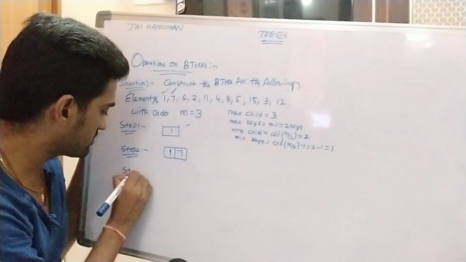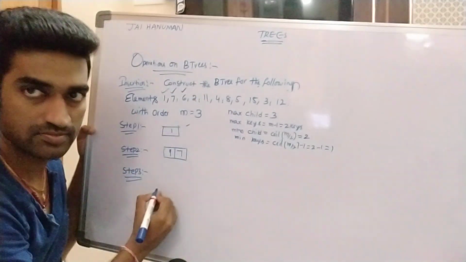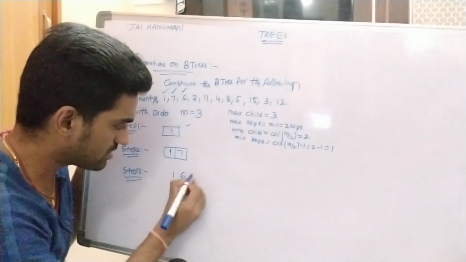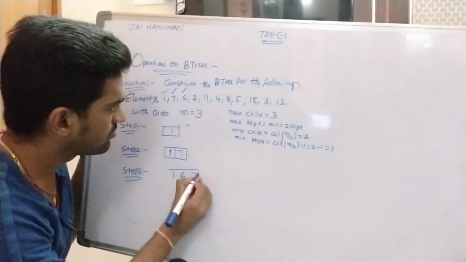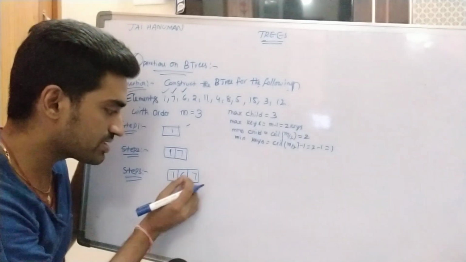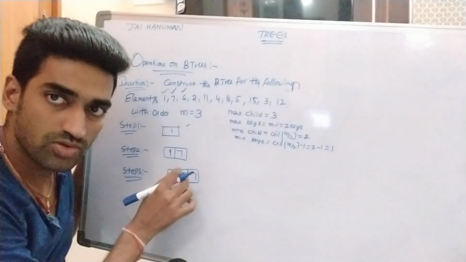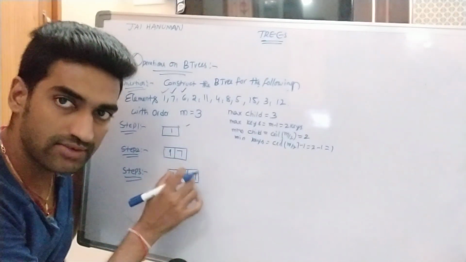Then we are inserting one more key, 6. So 1, 6, 7. Why am I writing 1, 6, 7? One property of the B tree is that each node maintains sorted key values.